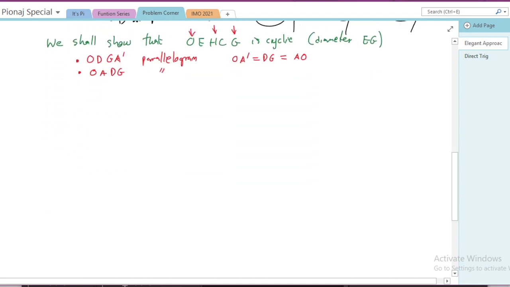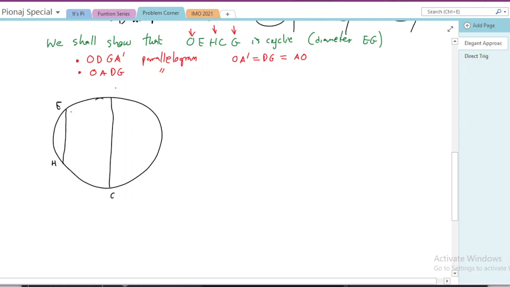So we have a circle, this is not necessarily a diameter, and we have a structure like this. So this is E, this is H, this is C, this is O. So these are parallel, and this is cyclic. So this is going to be a cyclic isosceles trapezoid.